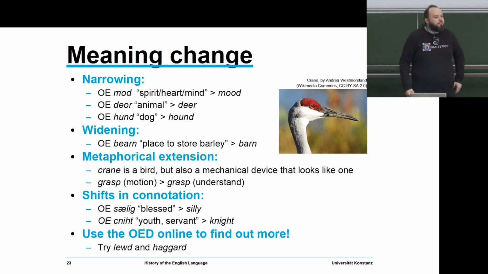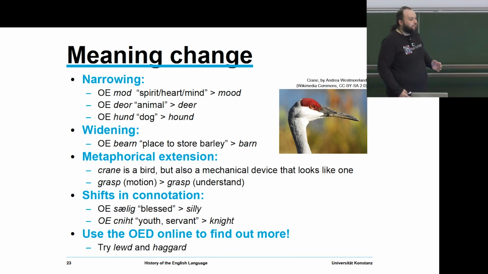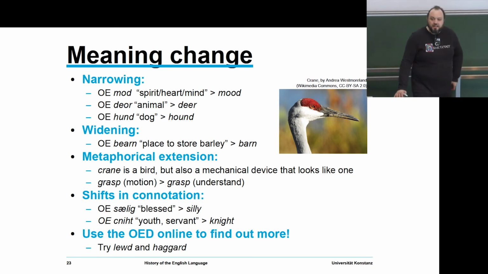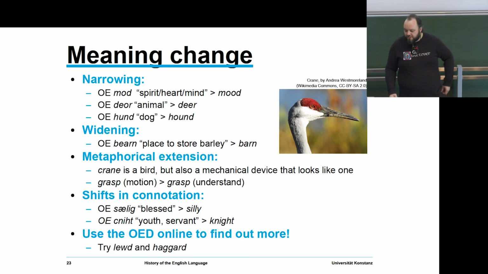So if you say, for instance, I haven't quite grasped semantic change, it means you haven't understood semantic change. You can't grasp it in the physical sense because it is not a physical thing, right? So the grasping is metaphorically extended from the concrete domain to the abstract domain. And if you think about this, one generalization that's been made about language change is actually precisely this.